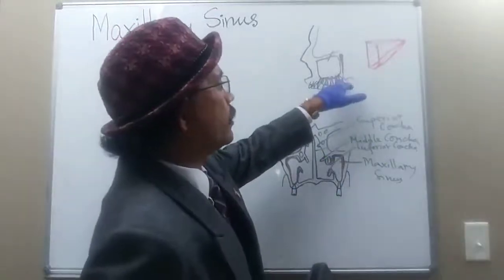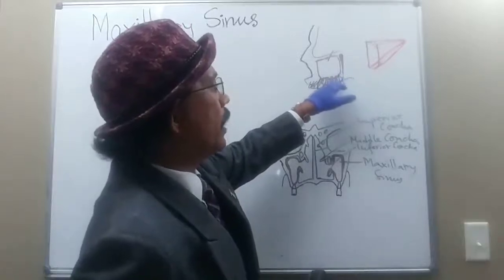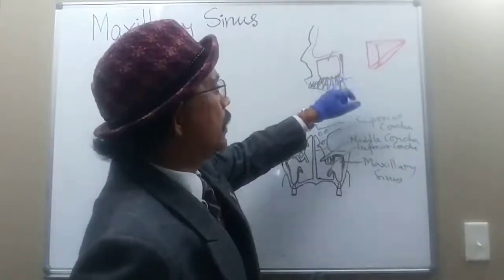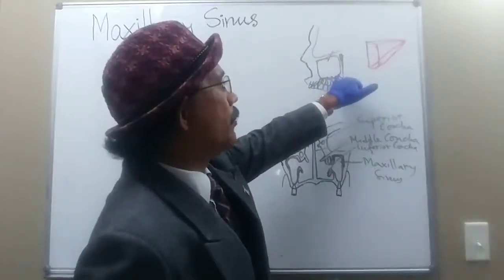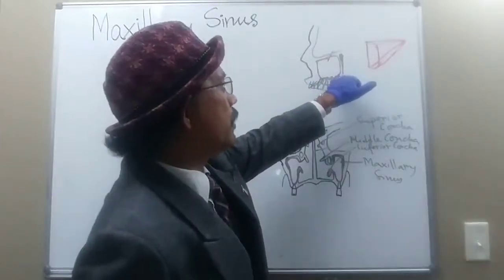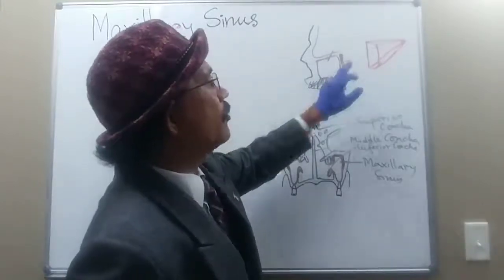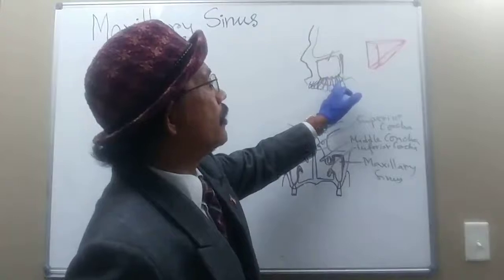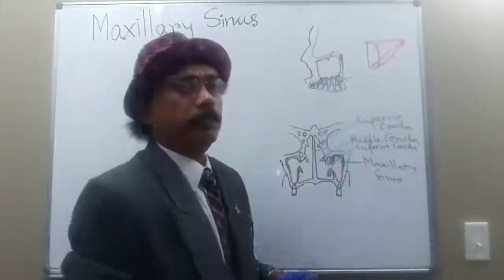The floor is related to the roots of the teeth, especially the molar teeth and the premolar teeth, and there is only thin bone over the roots of the teeth. Sometimes even the thin bone is missing. So the root of the teeth is covered by the mucous membrane only.